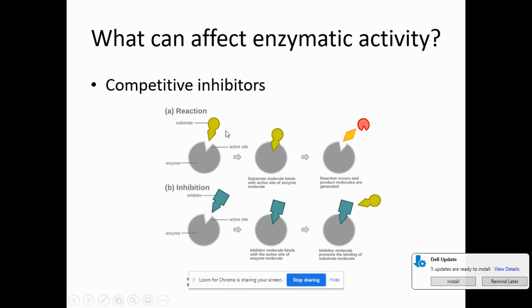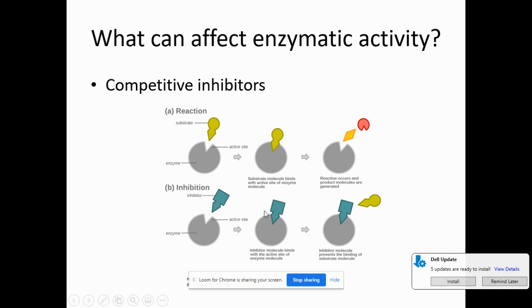All right, so you see here, the substrate will bind to the active site. You have the chemical reaction, and then you have the products. Well, with inhibition, you're going to slow down enzymatic activity. And so a competitive inhibitor will compete with the substrate to bind to the active site.